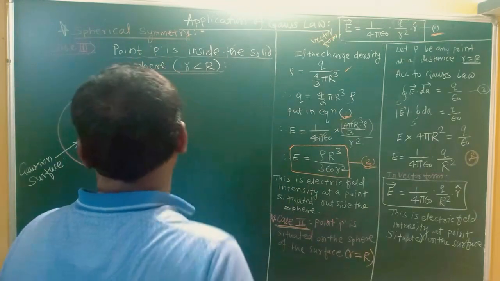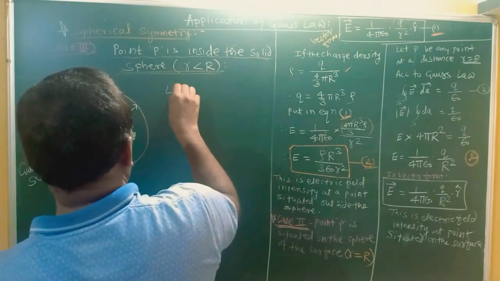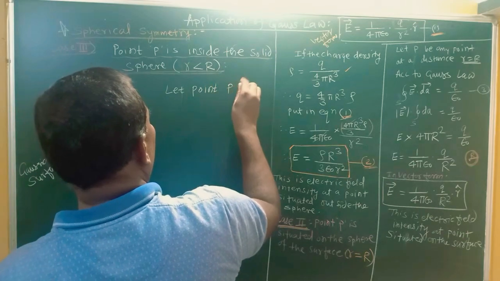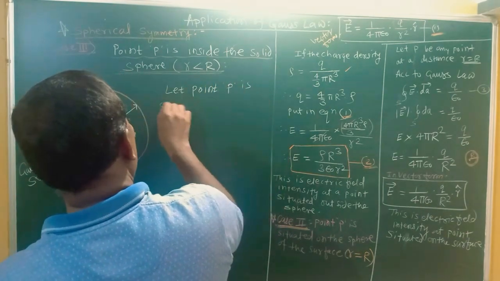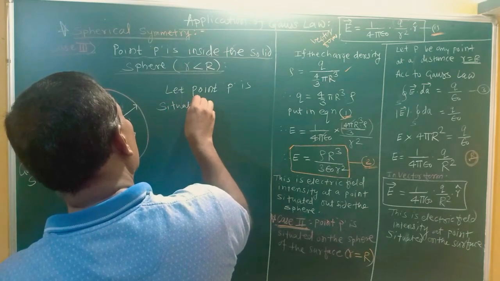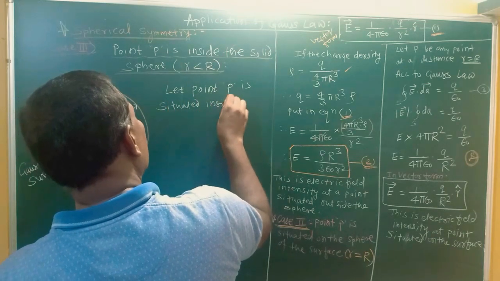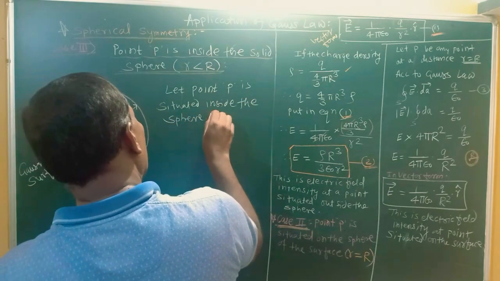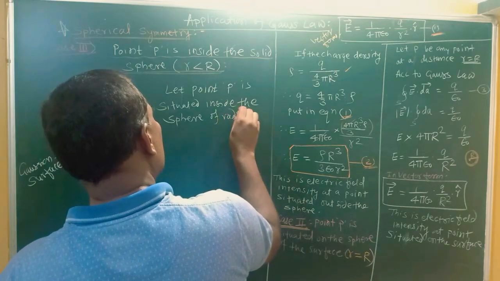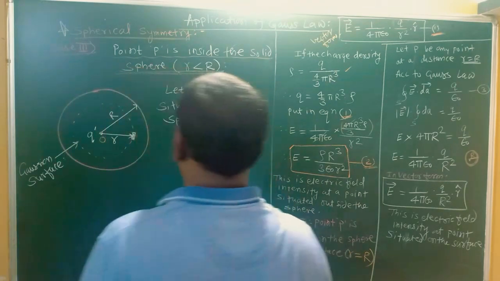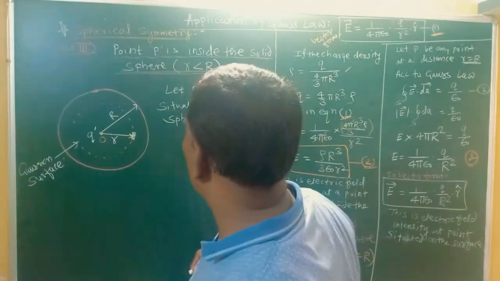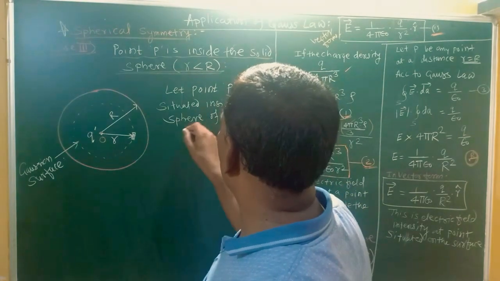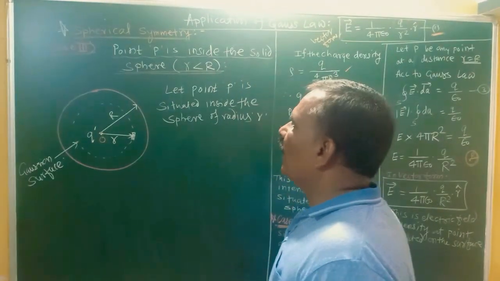Gaussian surface. Let point P be situated inside the sphere of radius small r, at a distance r.